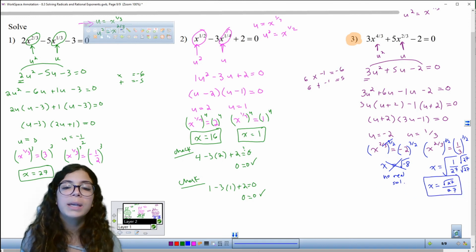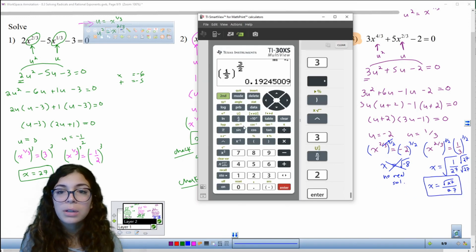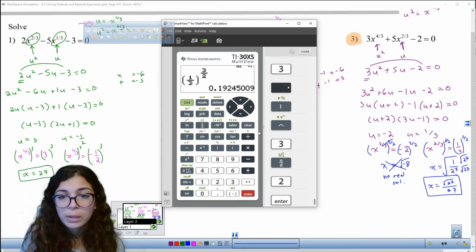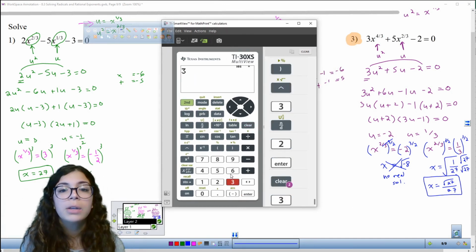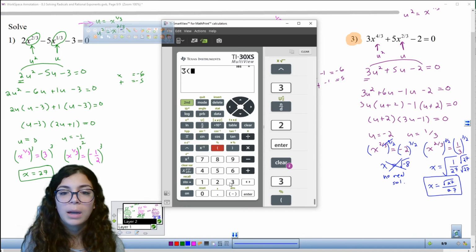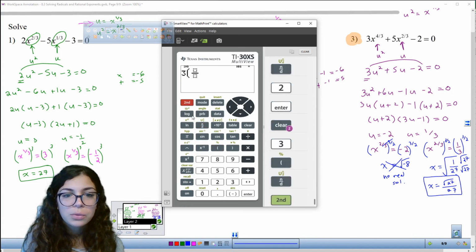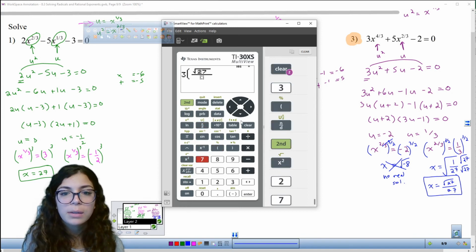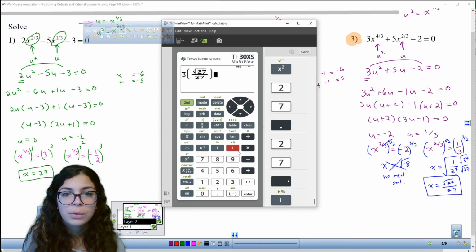Okay, and we can go ahead and check that answer with our calculator would be the easiest, right? So 3 times, and we could use the fraction, square root of 27 over 27. And let's close that.